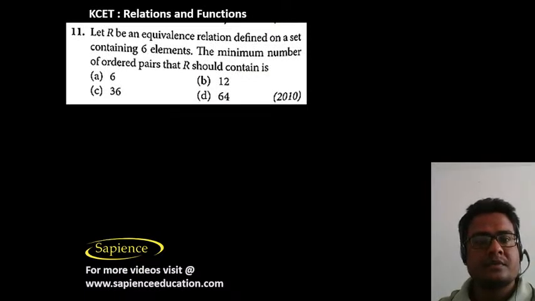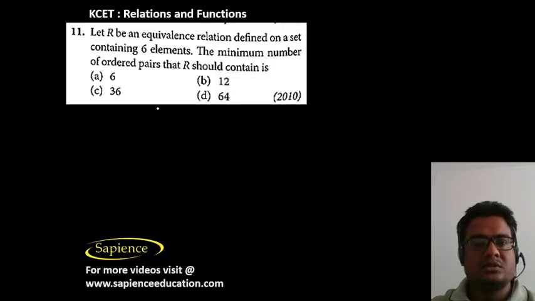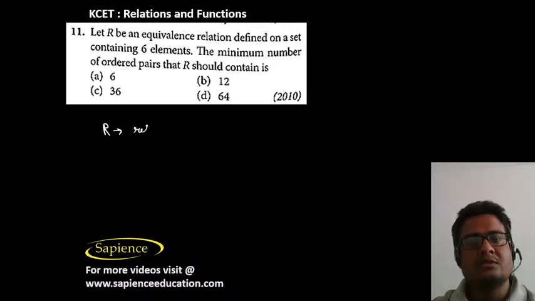Then let R be an equivalence relation defined on a set containing 6 elements. Equivalence relation means that R is reflexive, symmetric, and transitive.